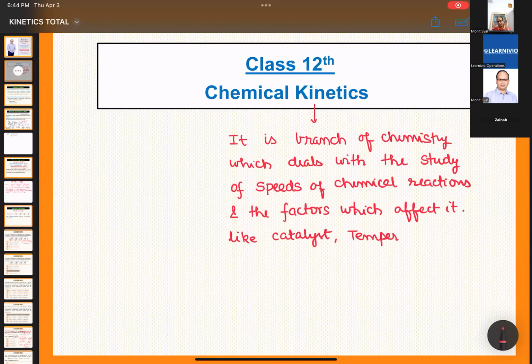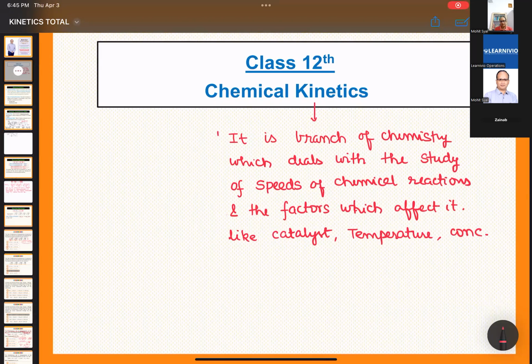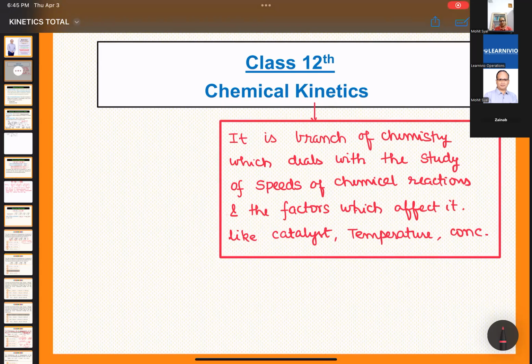Volume actually changes the concentration. Temperature and concentration, and so on. So this is basically chemical kinetics. I hope this is clear to you.